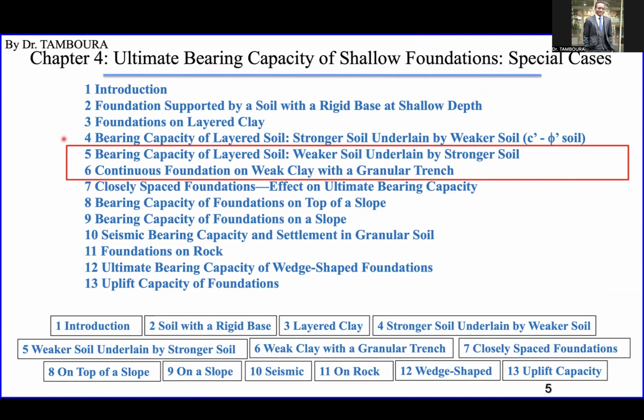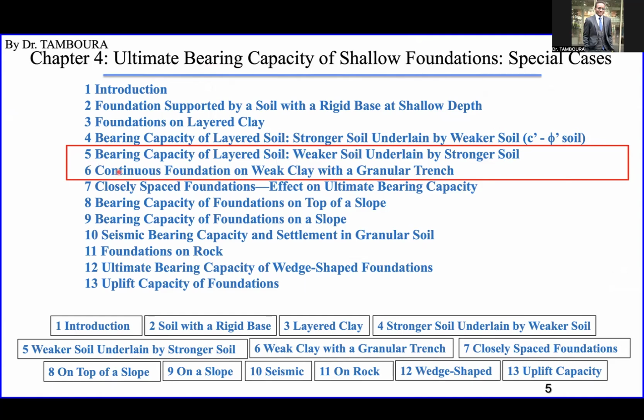You have to be careful when designing the foundation if you have the case where the bottom layer is weaker, okay? But with the influence of a stronger bottom layer, it will just increase the bearing capacity. So it is kind of an advantage.